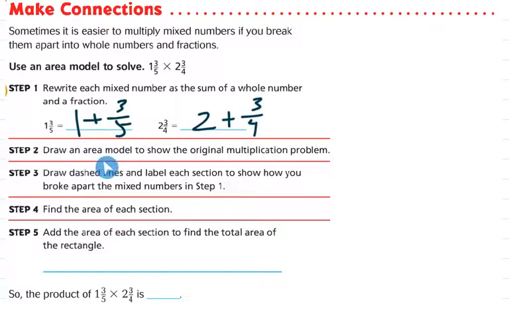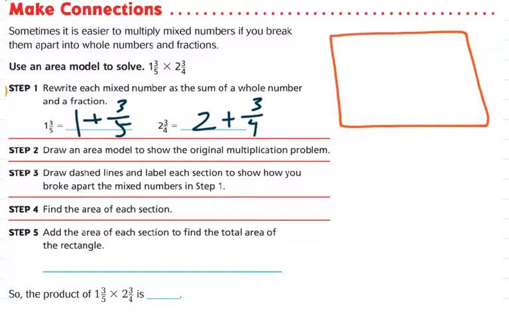Next, draw an area model to show the original multiplication problem. So what we would draw here is a rectangle, and the top would be representative of 2 3/4, and the side would be 1 3/5.